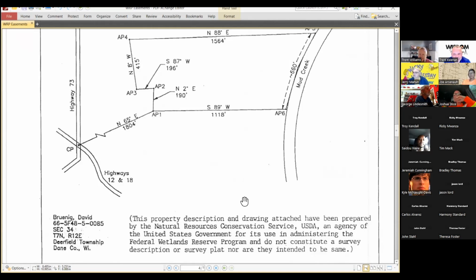So we tried to explain to them that you're creating an encumbrance on a property that somebody later on has to try to reestablish, and there is insufficient information in here to accurately locate these things on the ground.